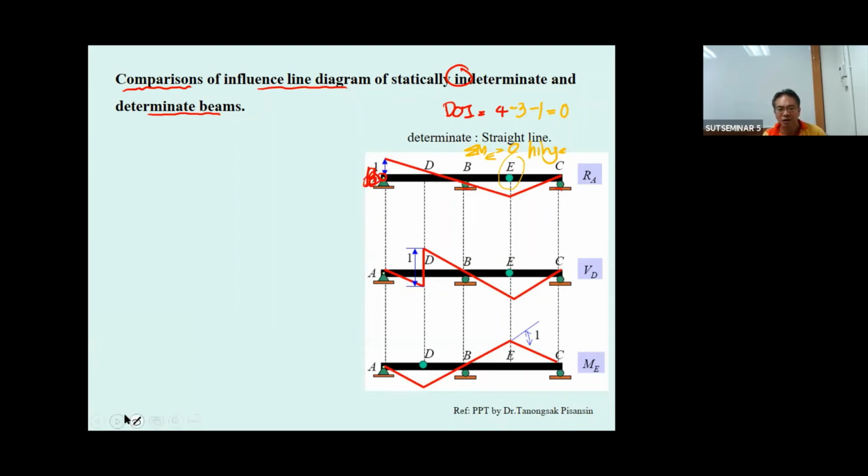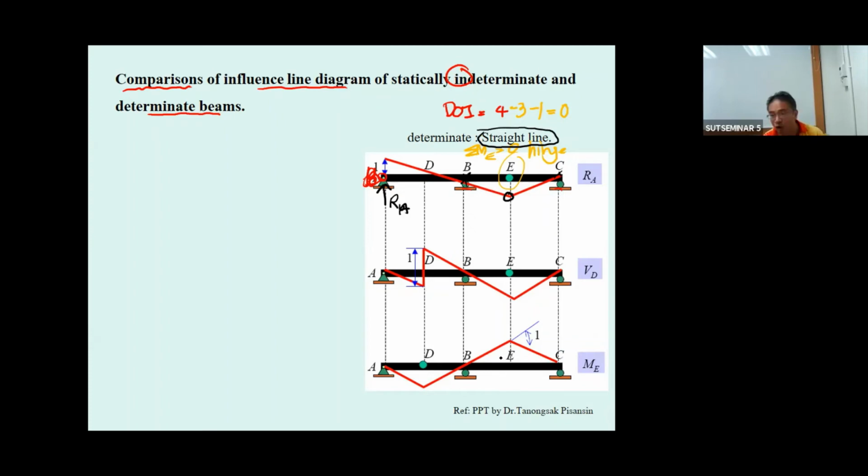And then you apply R sub A. Okay. Move this one for 1.0 unit. And this one is the rotating point. You get the shape of the statically determinate beam as a straight line. Okay. And the shear also. And the moment at E also.